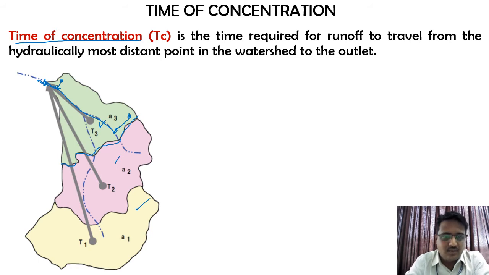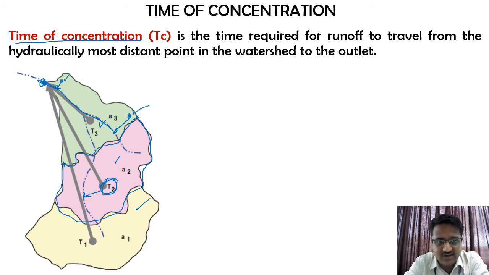Now imagine the rainfall is occurring on this pink area. For this water to join any of the nalas and come here, it will take a different time. So right now I have shown you three examples: one is the near one, the medium, and the far one.